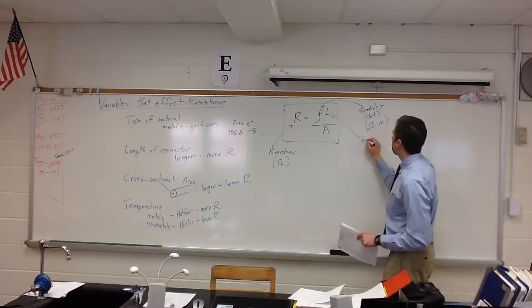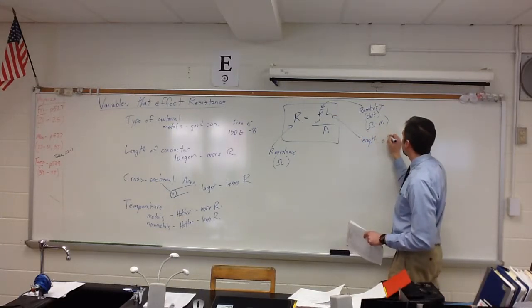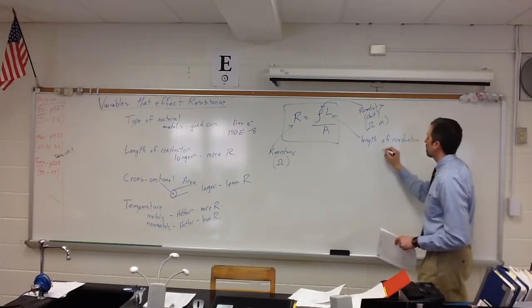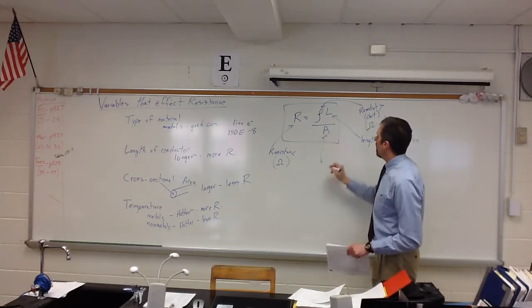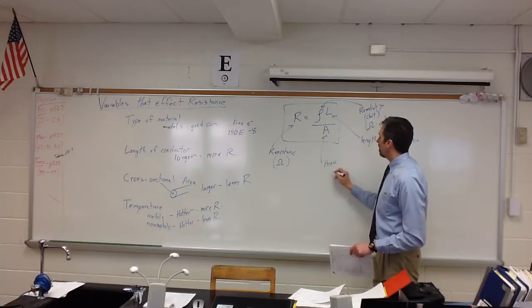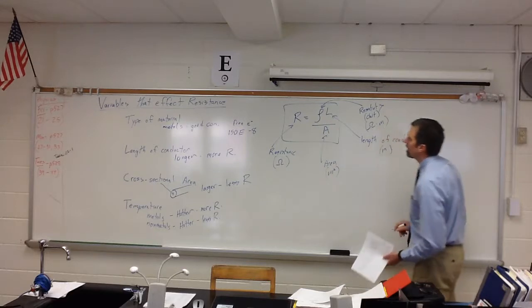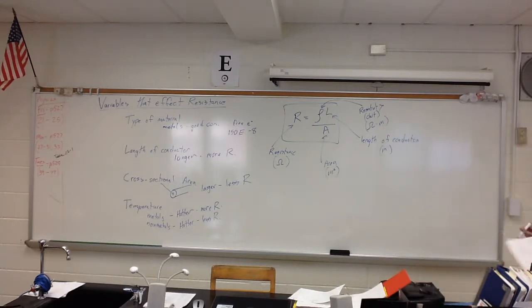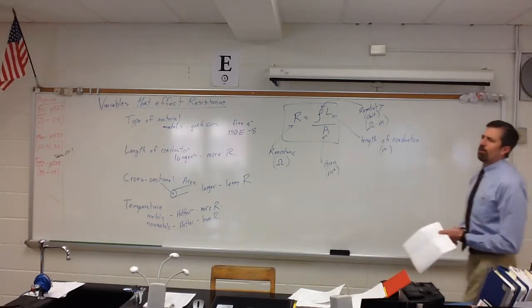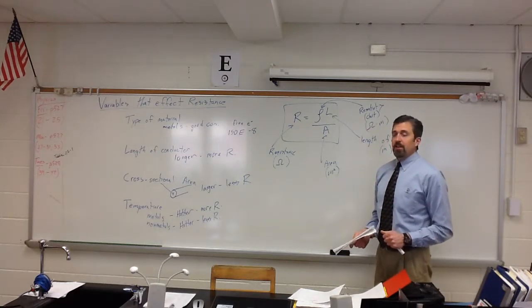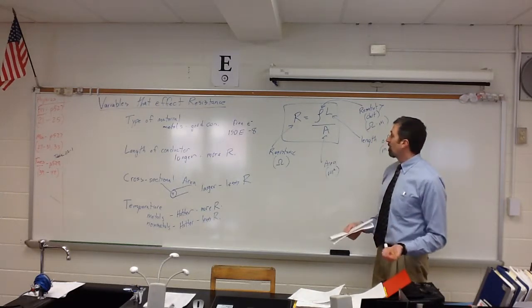L is the length of the conductor. That's going to be in meters. And A is the cross-sectional area that we just talked about, and area is always in meters squared. So this is a handy equation, and it's not at all hard to use. Say you have an aluminum conductor that is a certain length and has a certain cross-sectional area.